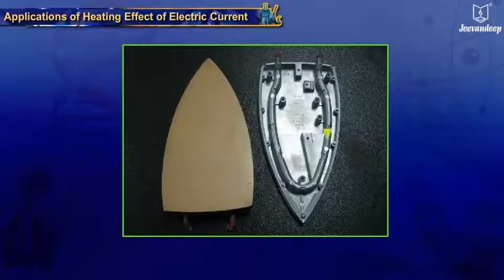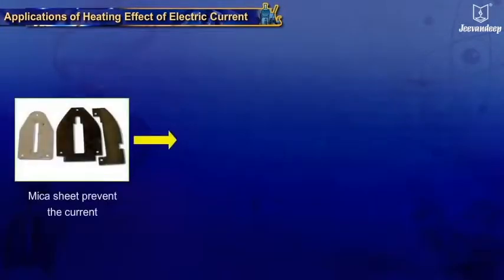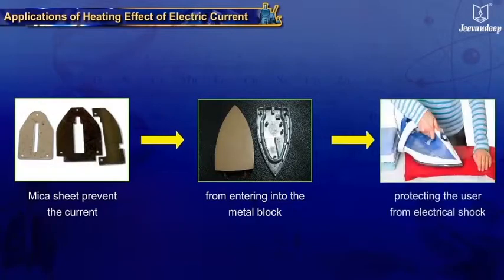When an electric current is passed through the coil, it gets heated and we can iron clothes with it. The mica sheets prevent the current from entering into the metal block, thus protecting the user from getting an electrical shock.